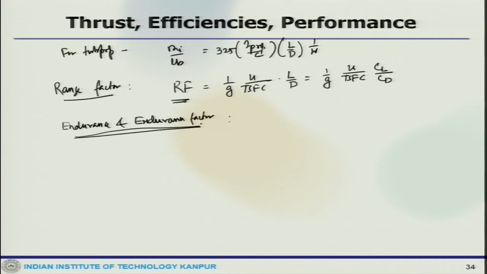See, the range, when we talk about how much fuel is consumed to go a certain distance. Now, here we are talking about the time which is spent in air.